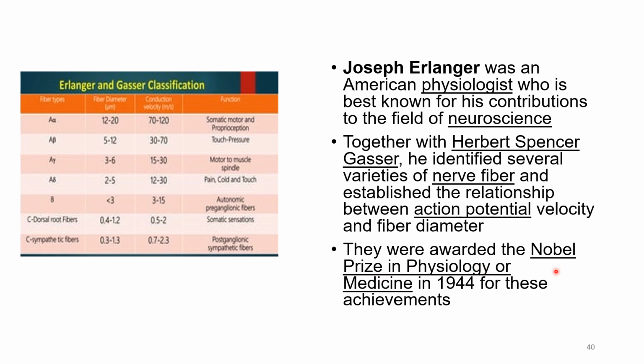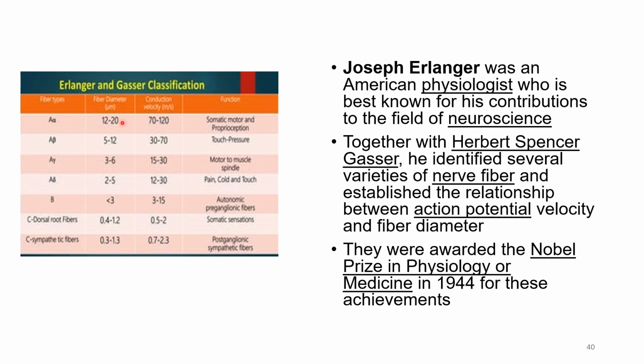They were awarded the Nobel Prize in Physiology or Medicine in 1944 for these achievements. Here they have classified fiber types as A alpha, A beta, A gamma, A delta, B fibers, C dorsal root fibers, C sympathetic fibers. These A and B are myelinated, C are non-myelinated.